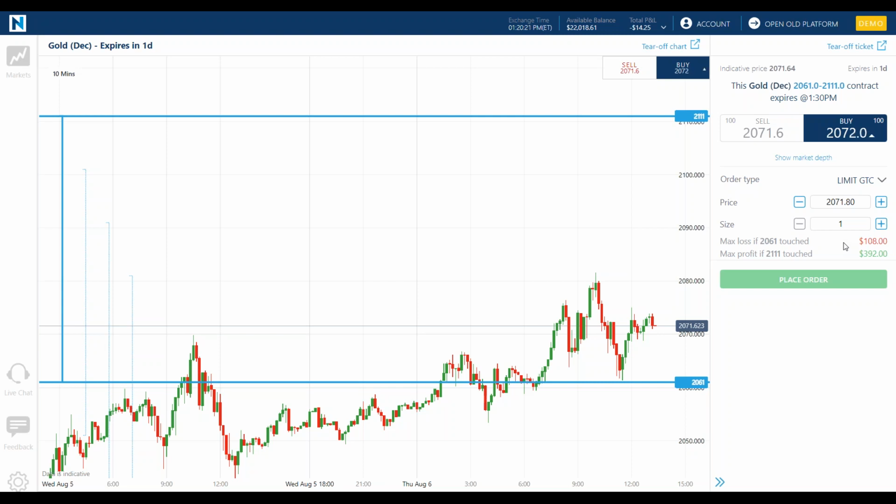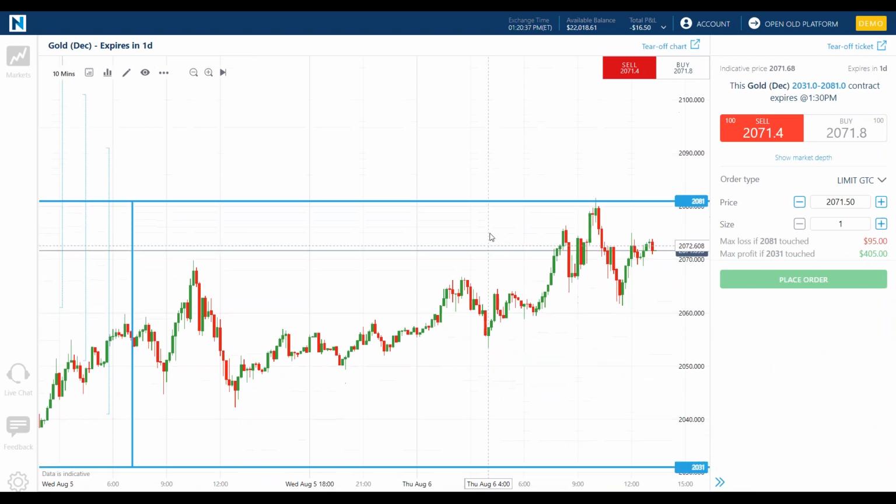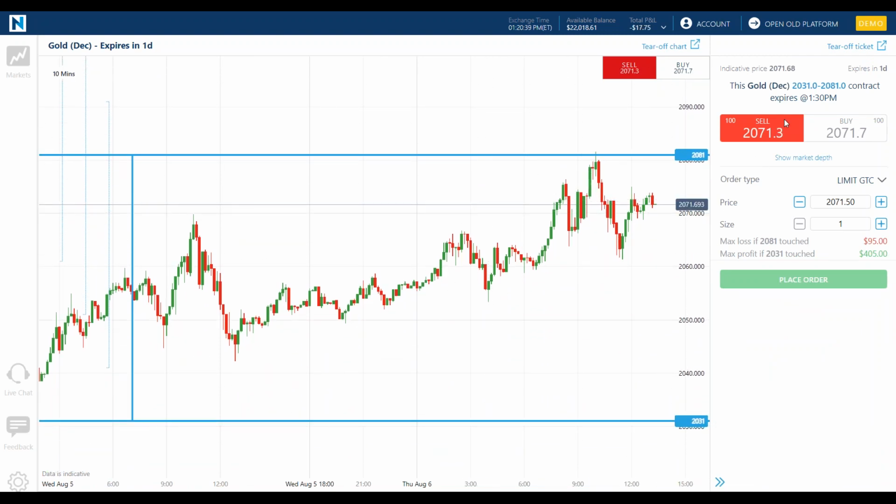And again, it's called a knockout because you get knocked out. Down below, I'm knocked out for a loss. Up above, I'm knocked out for a profit if I bought. If I were selling, it would be the exact other way around. Let's say I sold here. Let's move this chart back up. If I happen to sell this 2031, 2081, if I were wrong and it touched 2081, I'm knocked out for my loss.